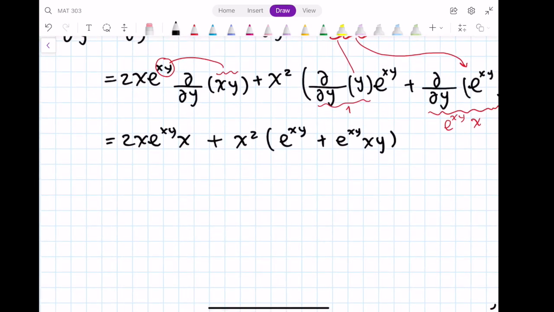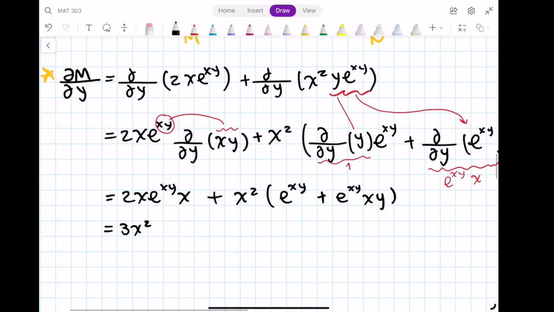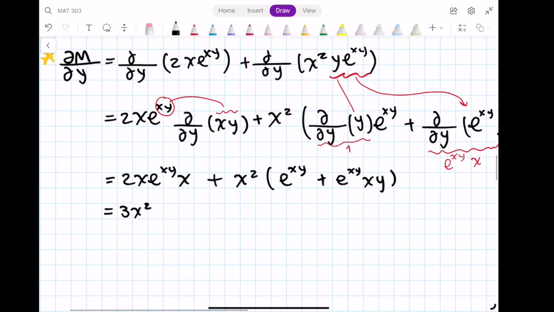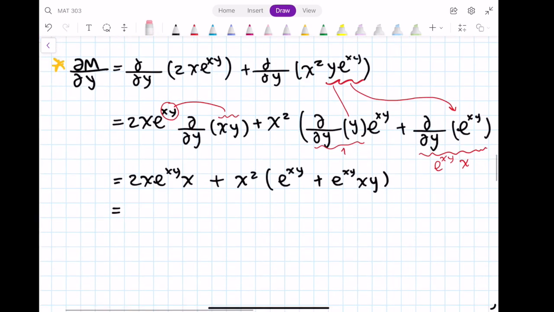Now here we just need to simplify. That is going to be 3x squared. I made a mistake. Did I? Oh no, I didn't. I forgot here that we can just simplify this. That is 2x squared because of this and this, right?